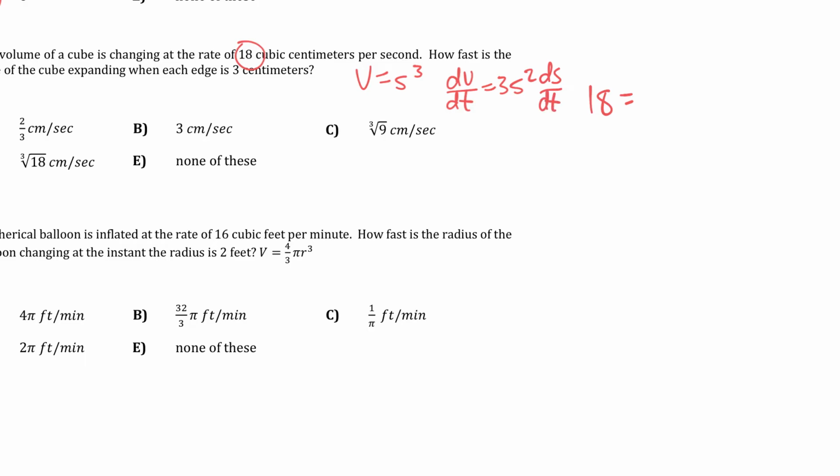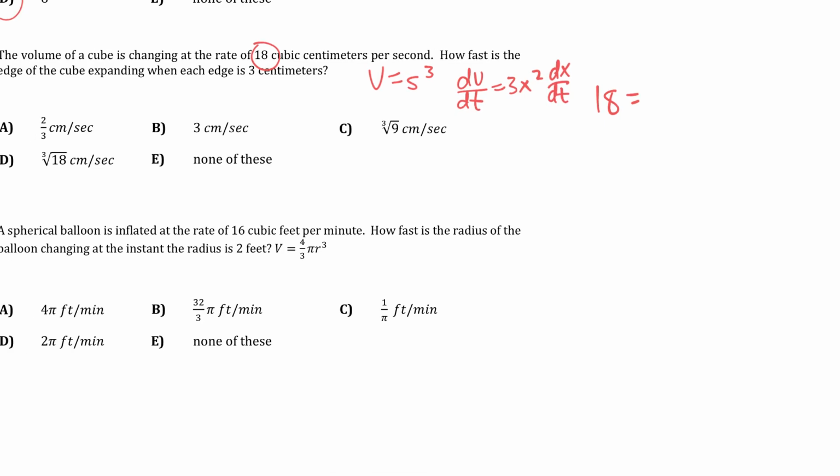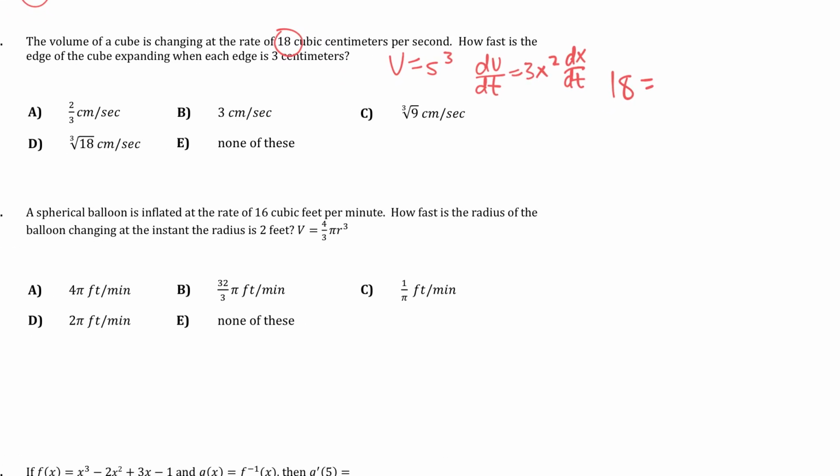Or what I should say is the side is x, isn't it? So let me erase this here and say I have 3x squared dx/dt, right? Because we're trying to find how fast that edge is expanding, and the x is the edge.